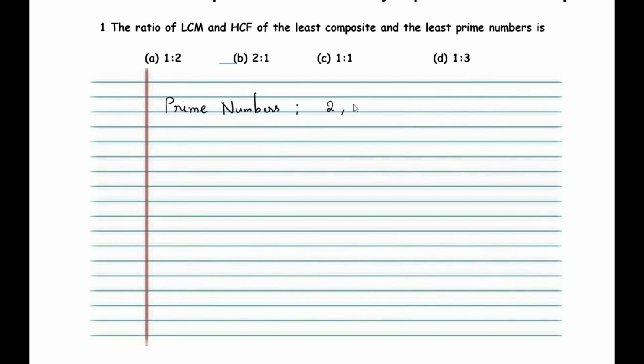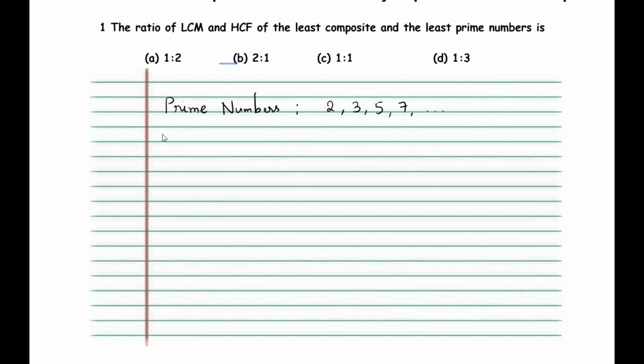Example: 2, 3, 5, 7 and so on. If you take the number 2, it can be divided by 1 or by the same number 2. Therefore 2 is a prime number.